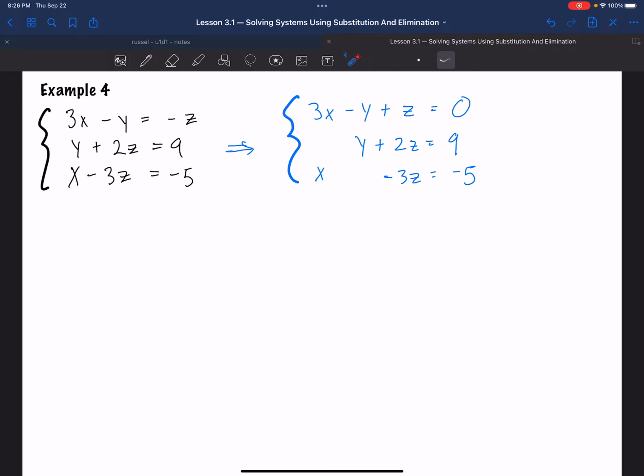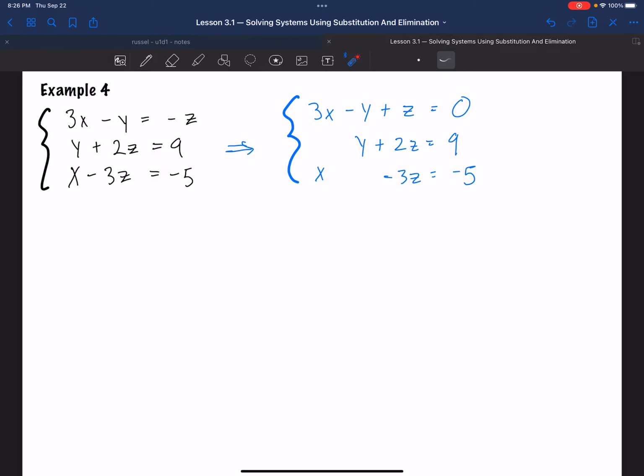But notice we actually get pretty lucky here. Negative y and positive y will cancel out when I add them. Those are additive inverses. And simultaneously, if you were to add all 3, positive z plus 2z minus 3z equals 0.